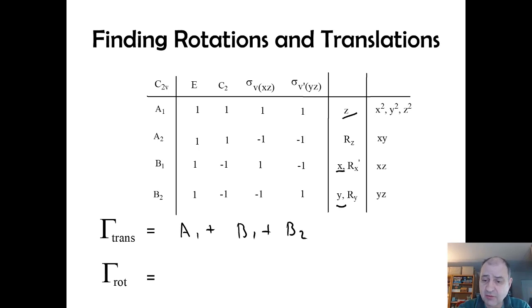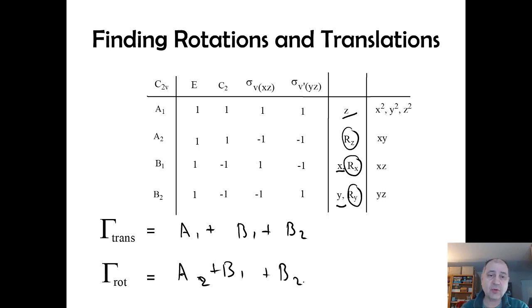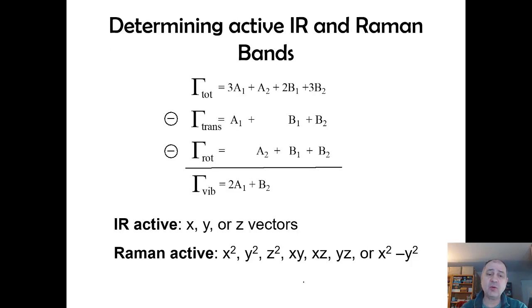The rotations, I find the RY and the RZ, next to the irreducible representation Mulliken symbol here. So we have an A2, a B1 and a B2. Then I go back and I subtract those out from what we just determined.